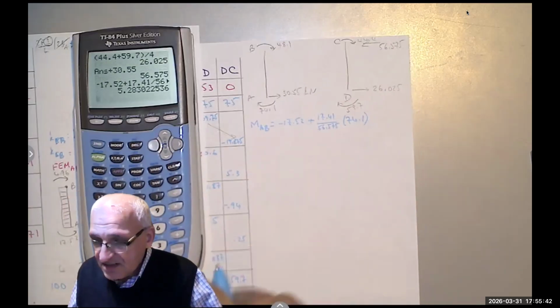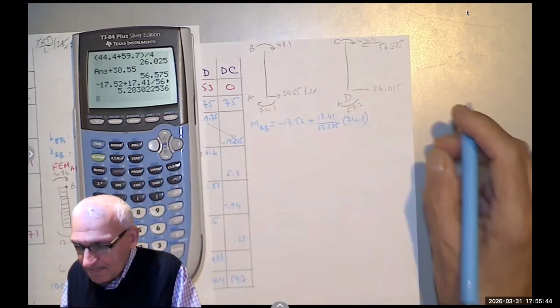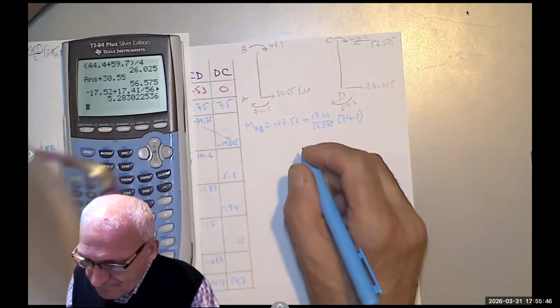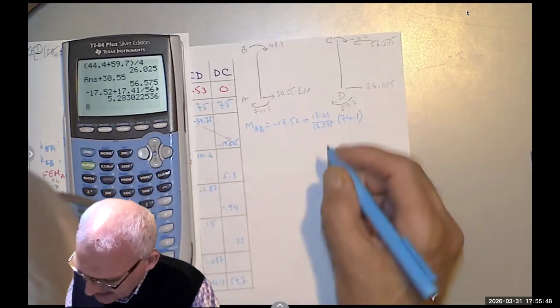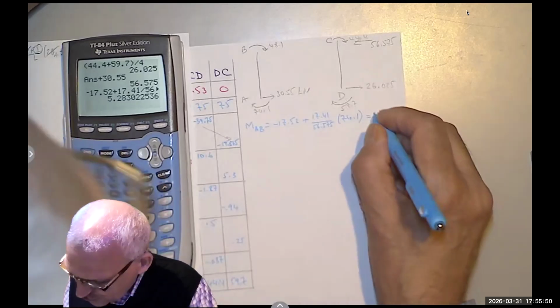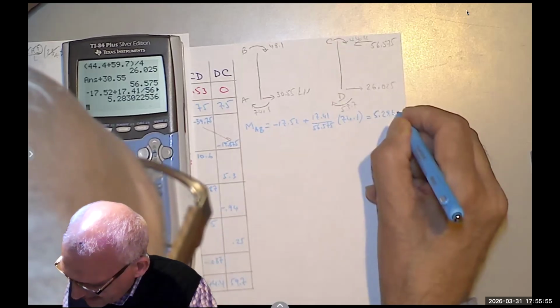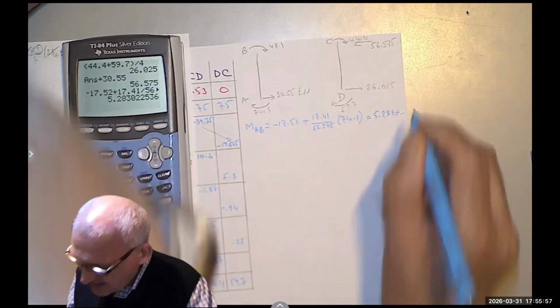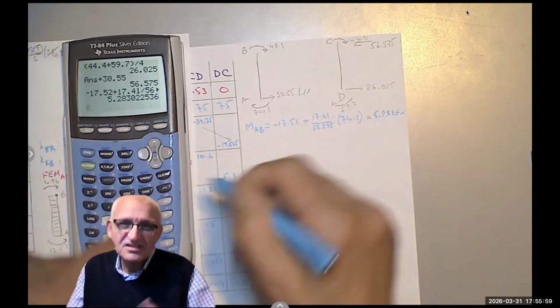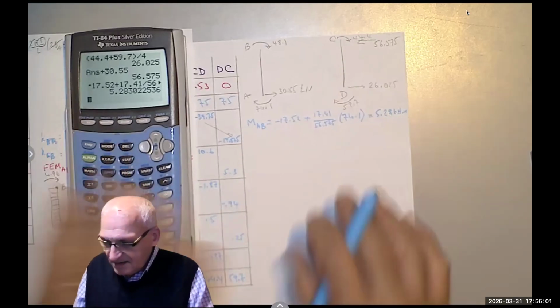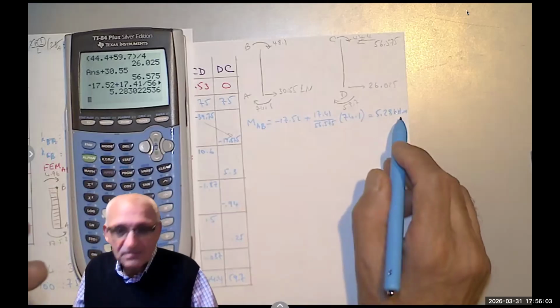And that gives me 528. Okay. So the moment here is 5.28 kilonewton meter.